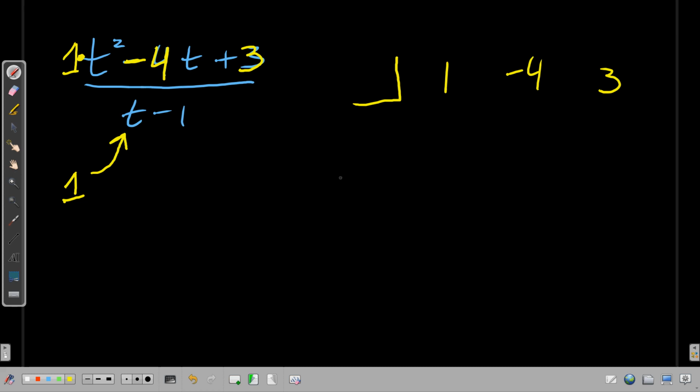The root of the denominator is the number 1 because if I take the number 1 and put it right there for t, it says 1 minus 1, which is 0. So then 1 is the root of that denominator. I put my 1 right here. Get everything set up like this. We are ready to do the synthetic division.